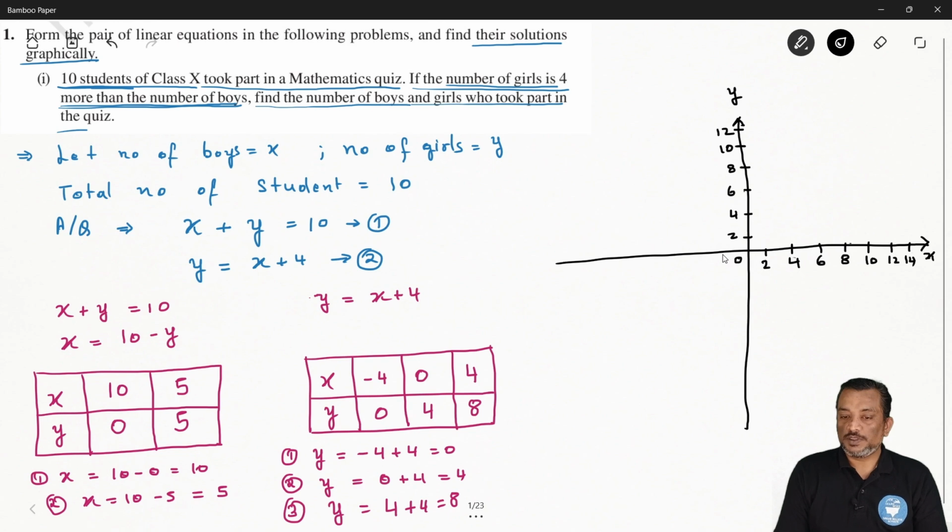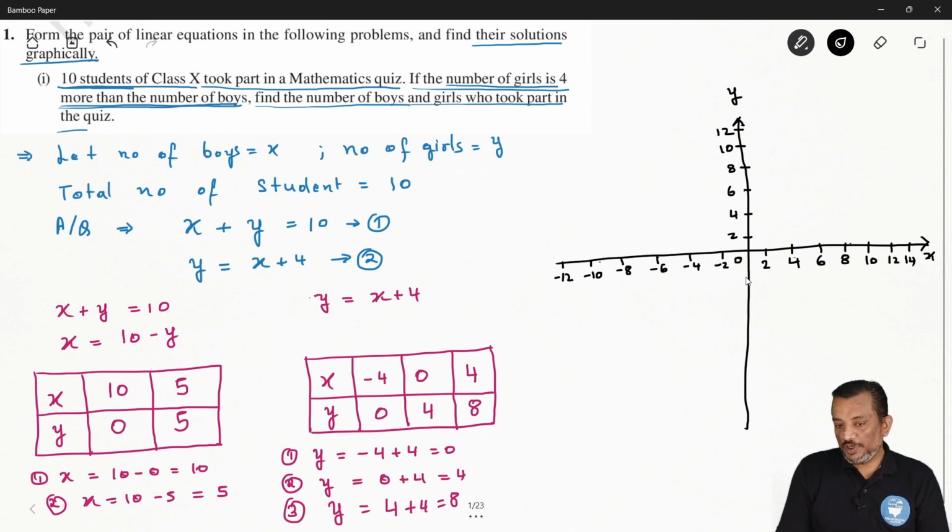So this is negative 2, negative 4, negative 6, negative 8, negative 10. Okay, negative 10, and this we have to take with equal blocks. So this is negative 12.